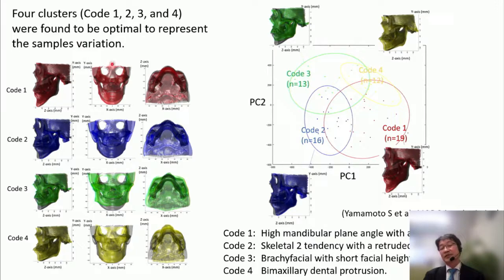In other words, in Japanese adults we have 4 types: type 1 has high mandibular plane angles, type 2 has a skeletal class 2 tendency, type 3 is brachyfacial with short facial height, and type 4 has bimaxillary protrusion.